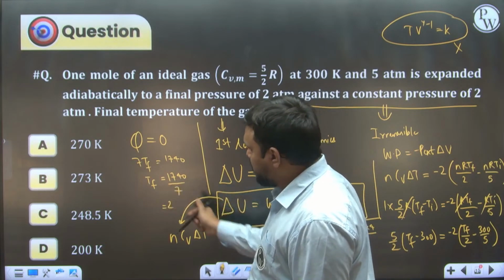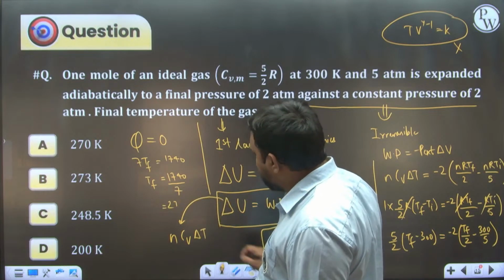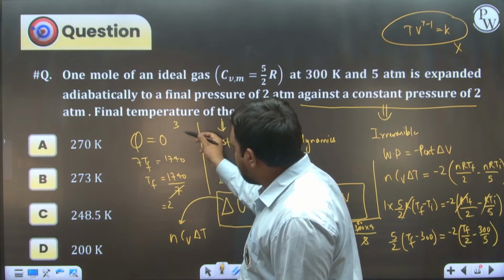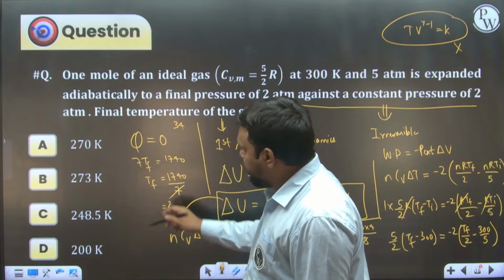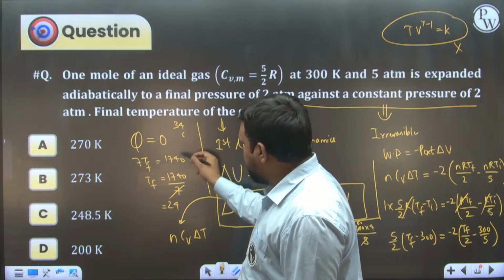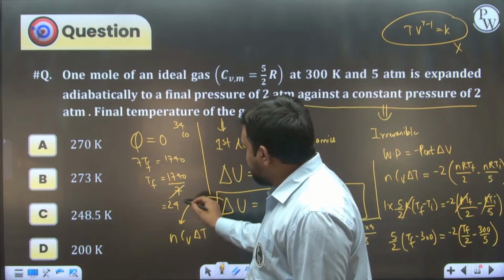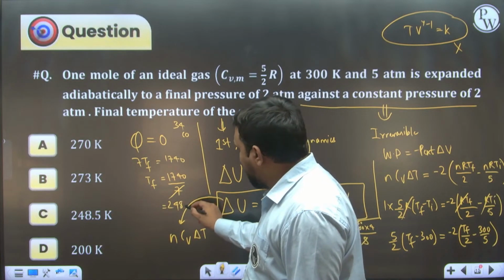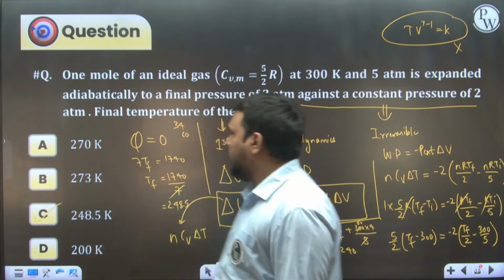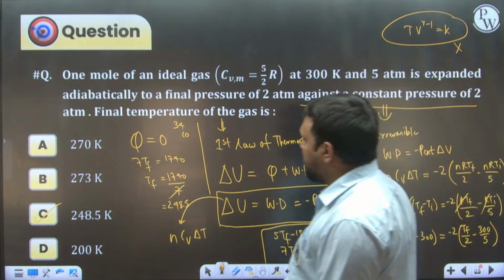So the remaining is 34. 7 4s are 28. So 28 gone. We are having 6 and 0, 60. So 7 8s are 56. Approximately 248.5 we are getting over here. So this is the temperature final value.